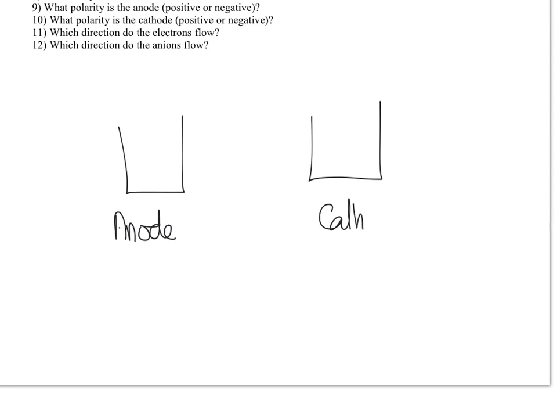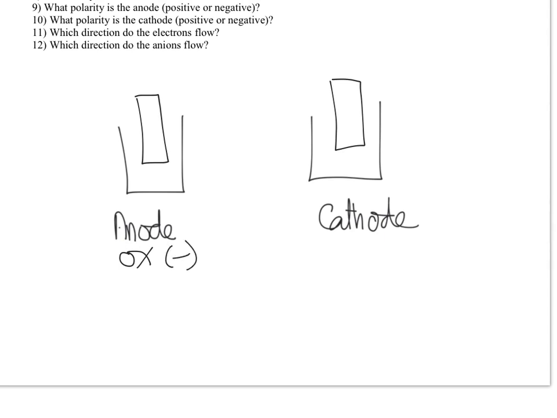Here's my cathode, and according to tradition, we always put the anode on the left and the cathode on the right, just like you would normally write them alphabetically, A and then C. So in here we put a piece of metal, and here we put another piece of metal. Remember that anode is where oxidation happens, and it's negative. Cathode is where reduction happens, and it's positive.